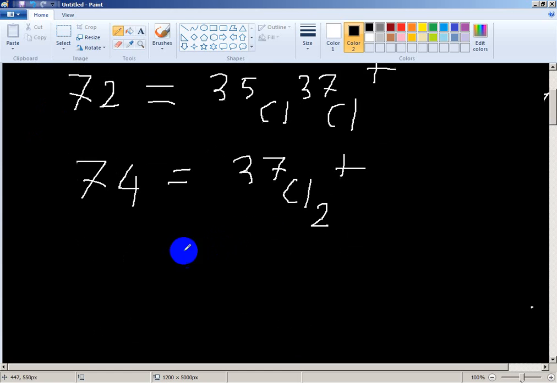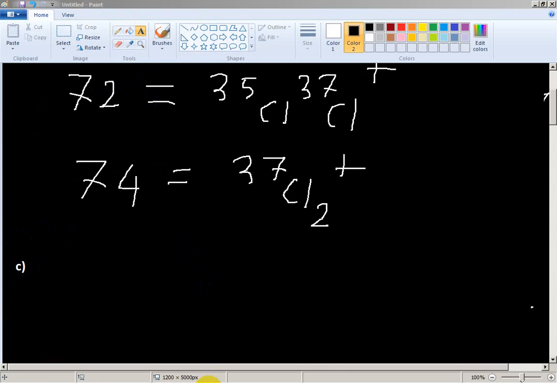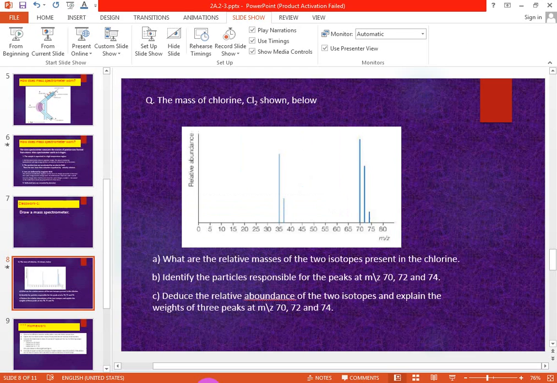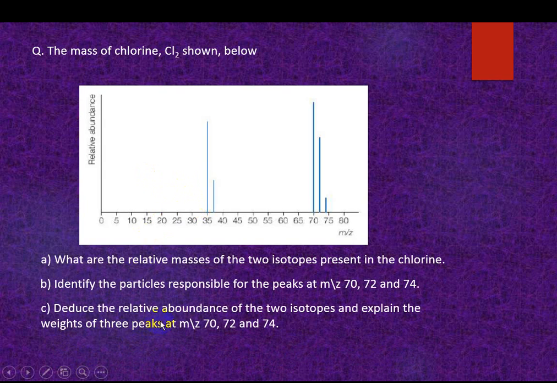B is finished. Okay, now I go to C. Question number C: deduce the relative abundance of the two isotopes and explain the heights of the three peaks at mass to charge ratio 70, 72 and 74.